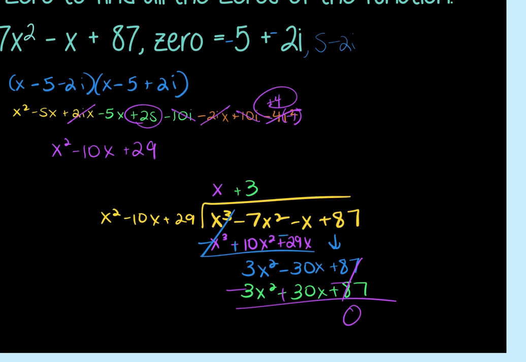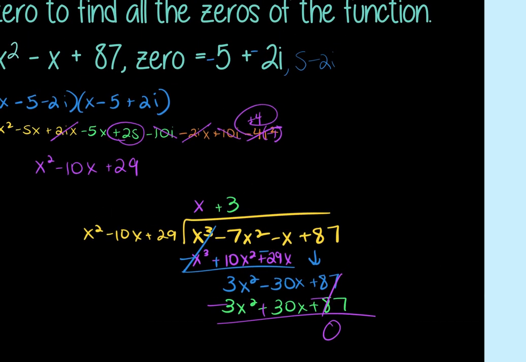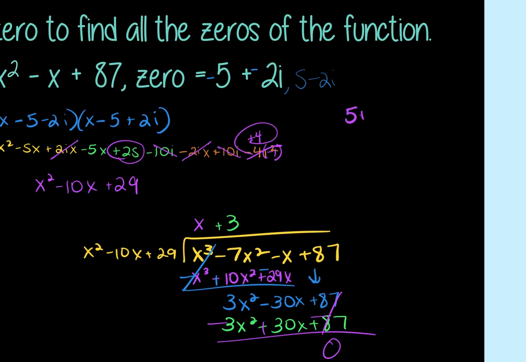So my last 0 is what? 5 plus 2i, 5 minus 2i, and negative 3.